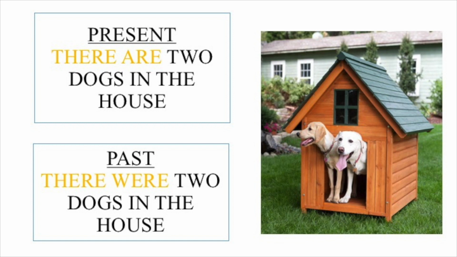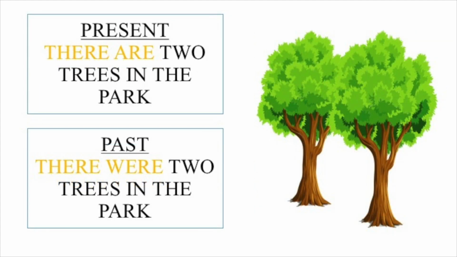There were two dogs in the house. Again, plural objects. There are two trees in the park. And in past tense, there were two trees in the park.